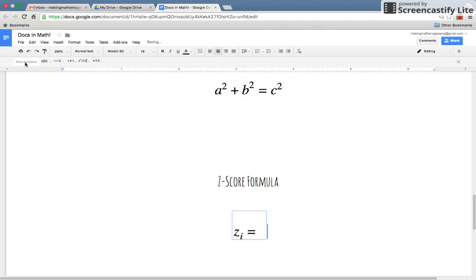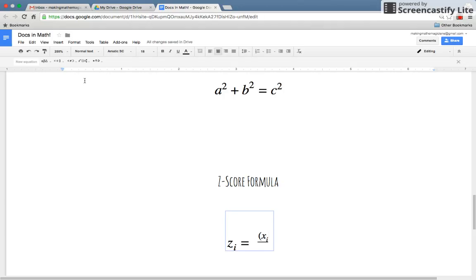Now here, I need to create a fraction. So if you remember up here, I've got this tool right here. So I'm going to go ahead and click on this, and I need to do a parentheses x subscript again. So I'm going to do shift underline i.